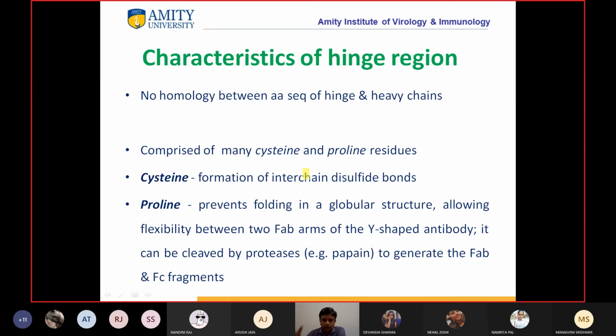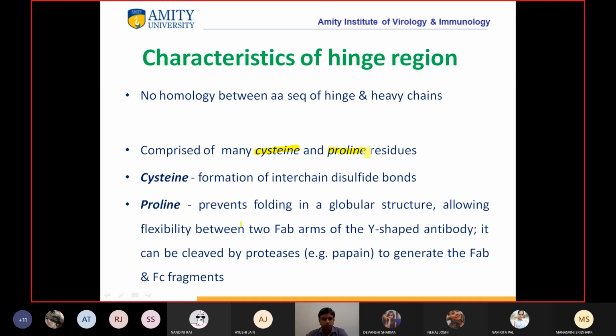When the sequencing of the hinge region was carried out, it was observed that there is no homology between the amino acid sequence of the hinge region and the heavy chain, right? So the hinge region had a very different amino acid sequence as compared to the rest of the sequence, and it comprised many cysteine and proline residues. In this small region there are a lot of cysteine and proline residues.